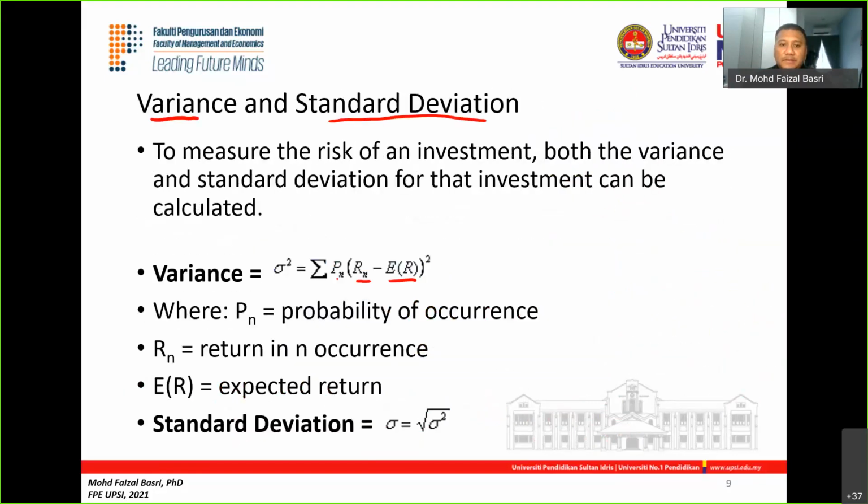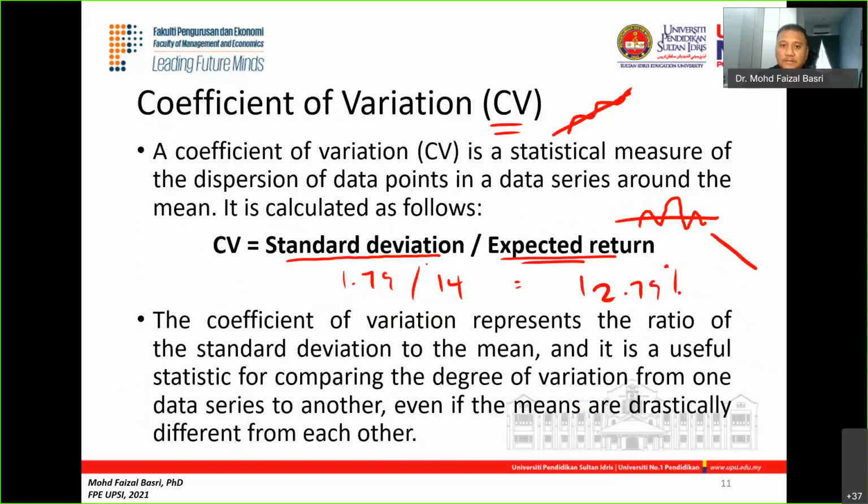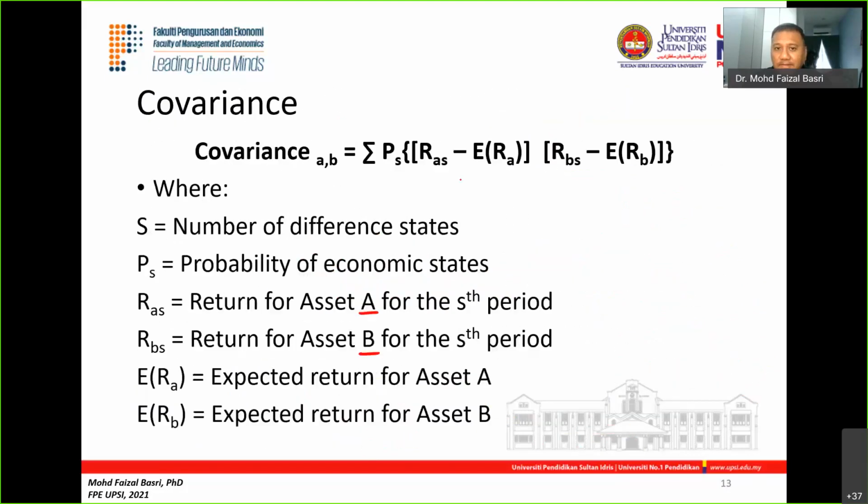We still have the probabilities, and we have the difference of return minus the ER, but without the square. We multiply it with the difference of the second asset's return minus the ER for the second asset, and we have the probabilities as well.